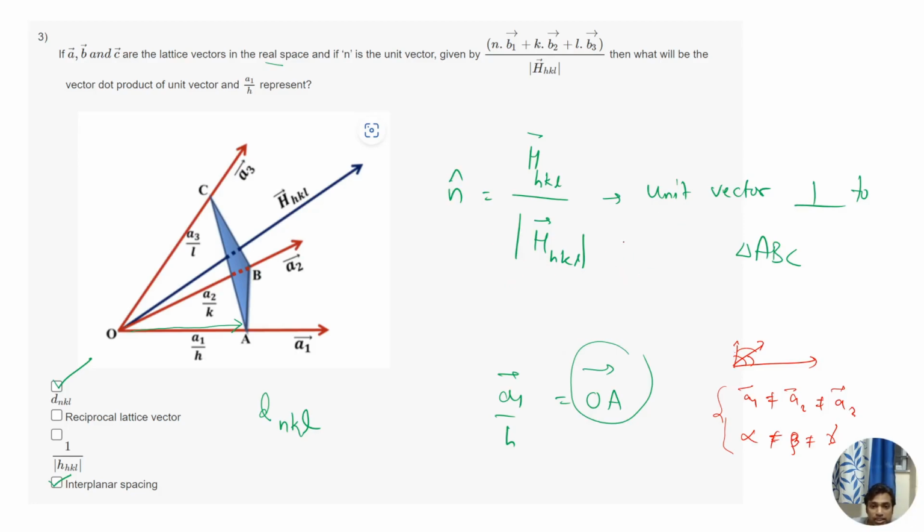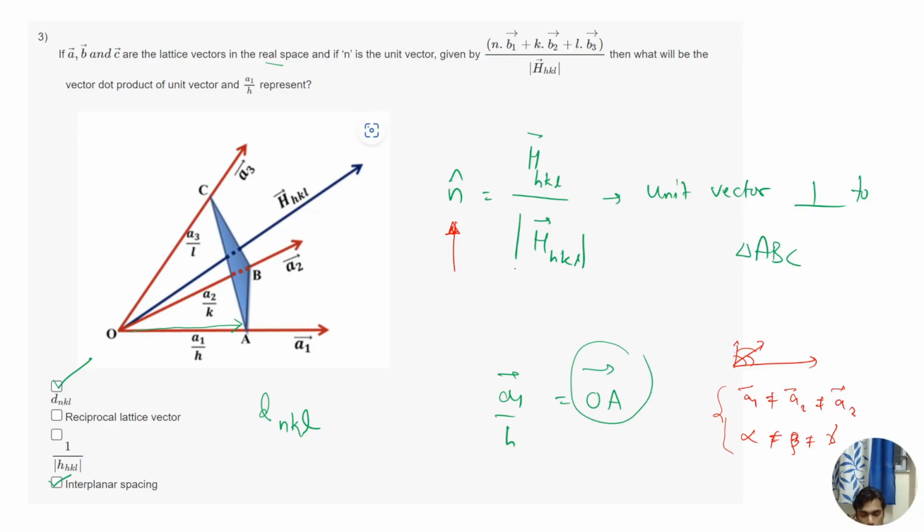So when we say n cap is in real space, can we say the unit vector is in real space? Can we say HKL is in reciprocal space, and the small hkl, the Miller indices, is in the real space?